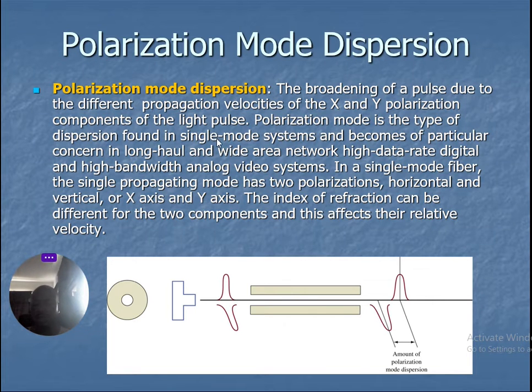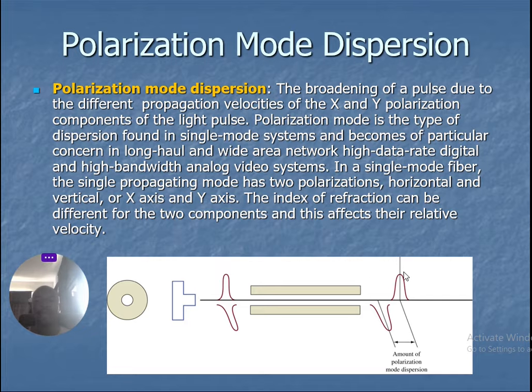Now, since we've talked about the meaning of polarization, let's take a look at polarization mode dispersion. You can see the output pulse here is wider than the input pulse here. Okay, these are their refractive index. It is the widening of a pulse due to the different propagation velocity of the X and Y polarization components of the light pulse.